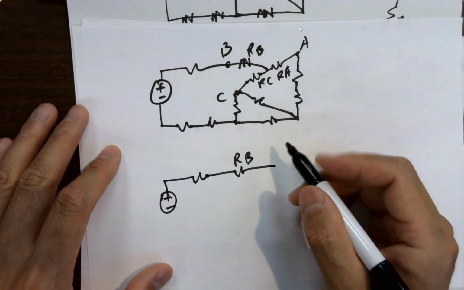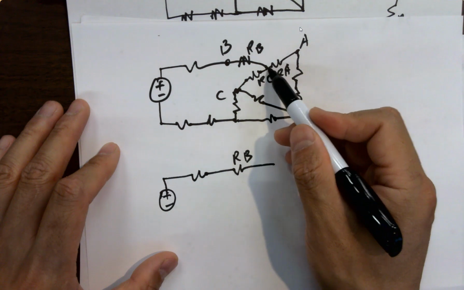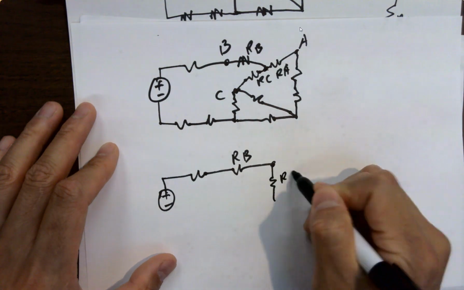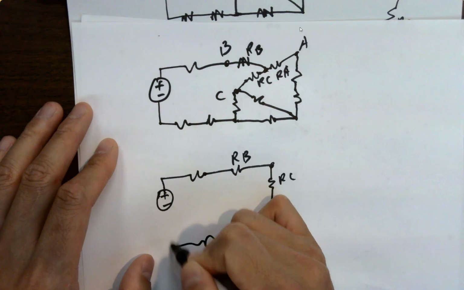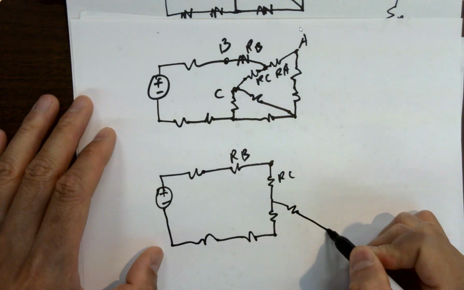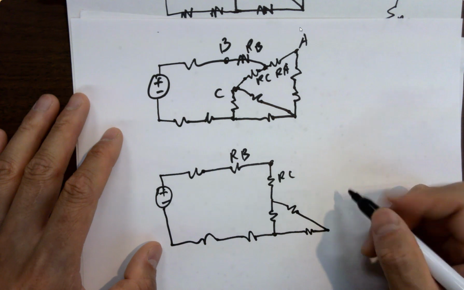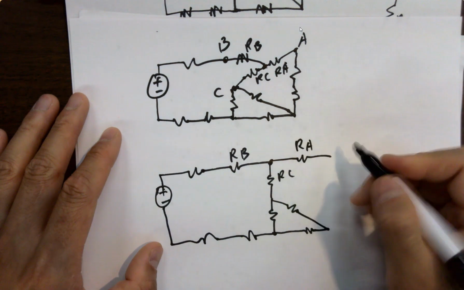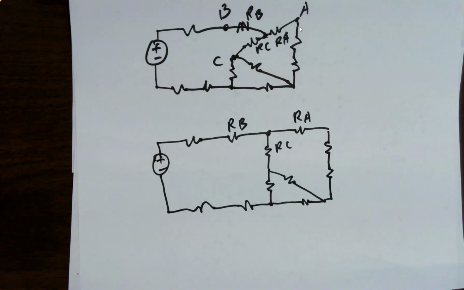Just draw it in a straight way. And what's next? Draw it starting from this point, which is this point right now. You got RC. And now we have another triangle, the triangle we haven't converted yet. What about here? RA. Is it better?